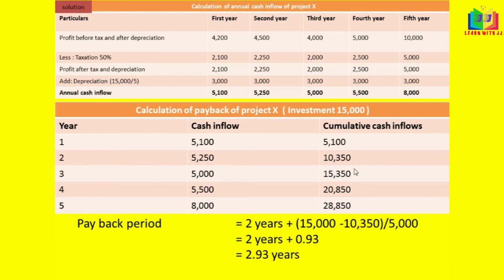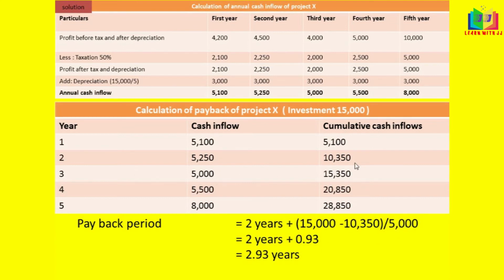So, at any point in between the second and third year, this 15,000 will come. So, we have to start with second year. So, 2 years plus we have to find the proportionate years. For that we have to take this investment minus the cumulative of second year divided by the cash inflow of third year. The cash inflow of third year is 5,000.